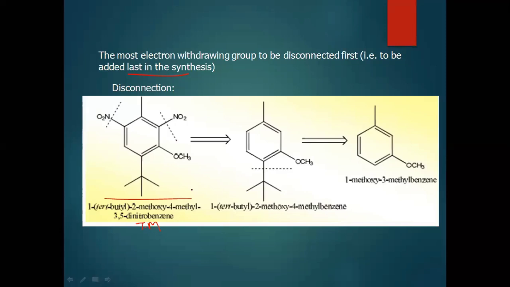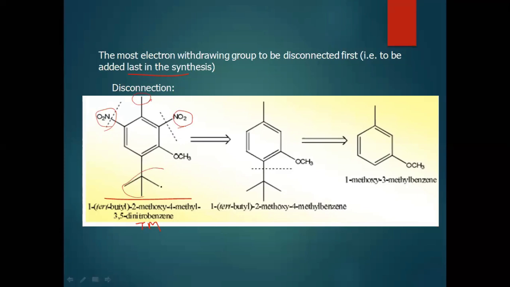So what about your nitro group? Withdrawing. So nitro is withdrawing. Okay, so how many nitro groups are present? 2 nitro groups. What about this methyl? Electron donating.